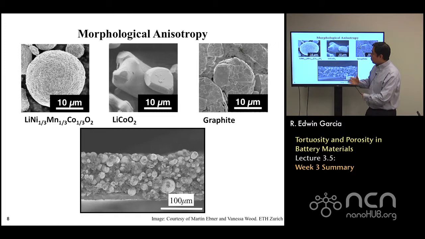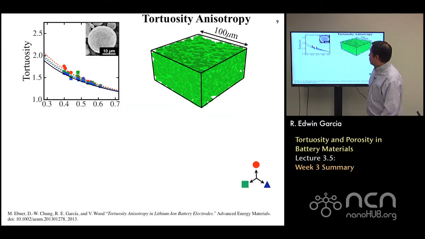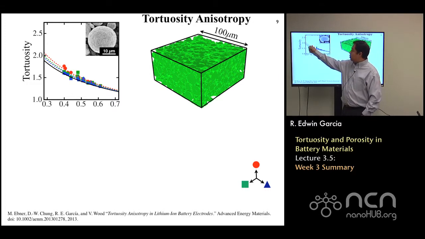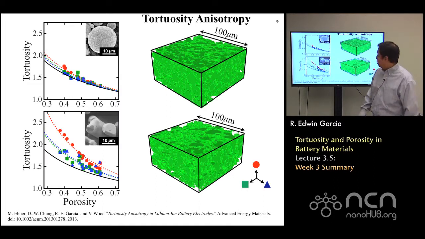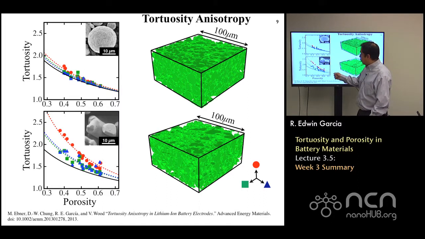So if you use this type of structure, what you will find is that to a first approximation, the Bridgman relationship is valid and works very well. But if you want to account for materials that have an increasingly larger morphological anisotropy, the particle interactions will lead to a three-dimensional state of tortuosity in the system.